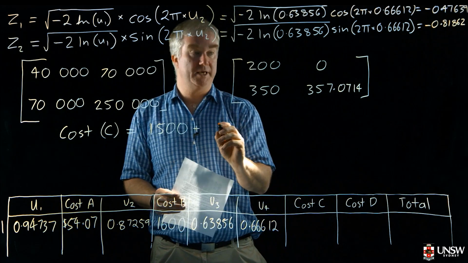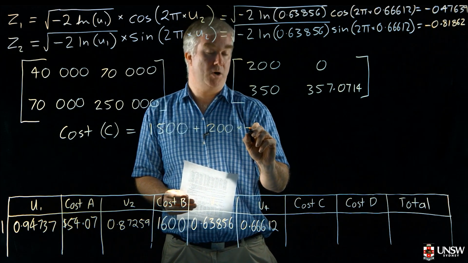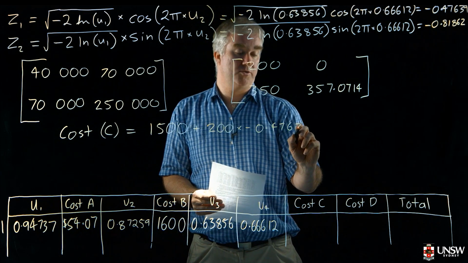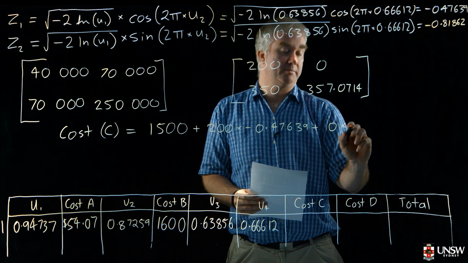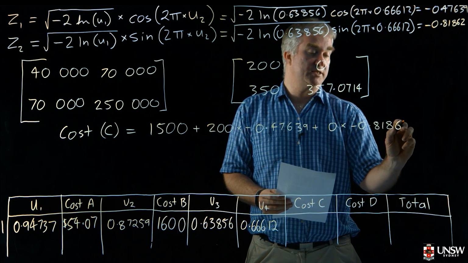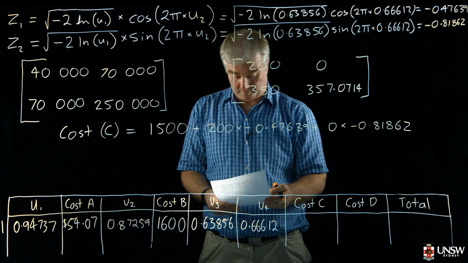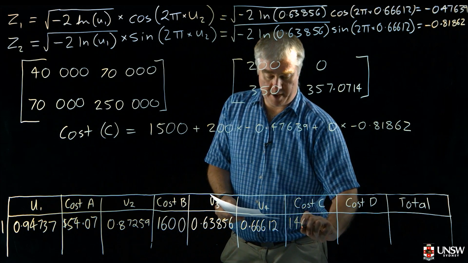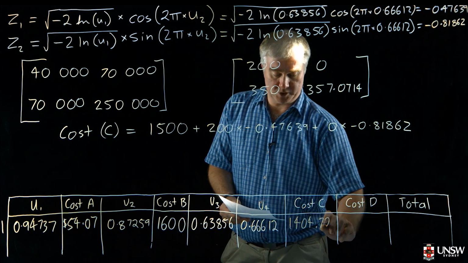So it's going to be 200 times minus 0.47639 plus 0 times minus 0.81862. And this gives us $1,404.72.